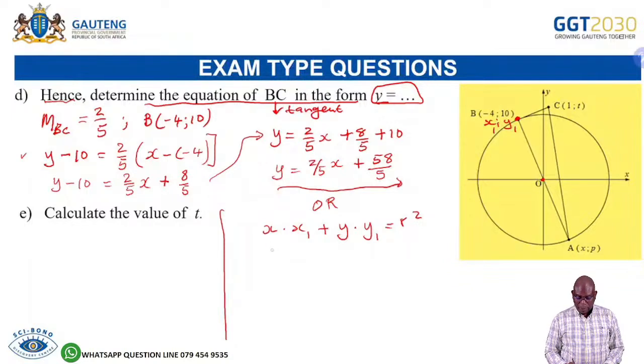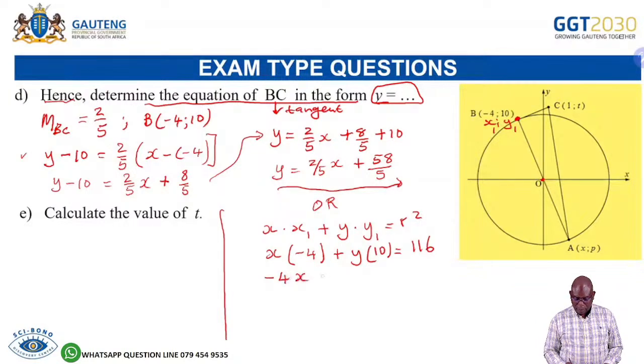So then I'll say my x multiplied by minus 4, my y multiplied by 10 equals to 116. That's what I'll get. Then I'll say minus 4x plus 10y equals to 116.